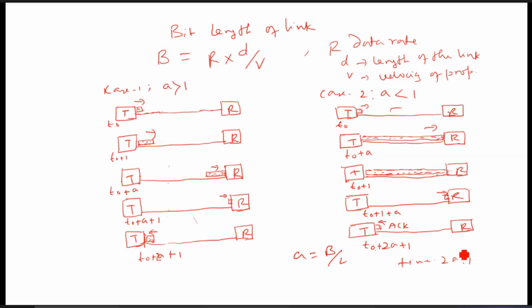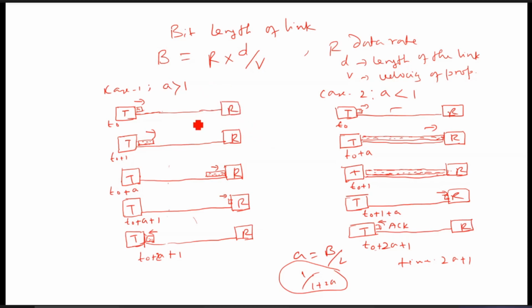The total transmission time is 1, hence the utilization is 1 by (1 plus 2a). From this logic also, the utilization efficiency is less than 1. I showed this for a less than 1, and the same thing happens for a greater than 1.